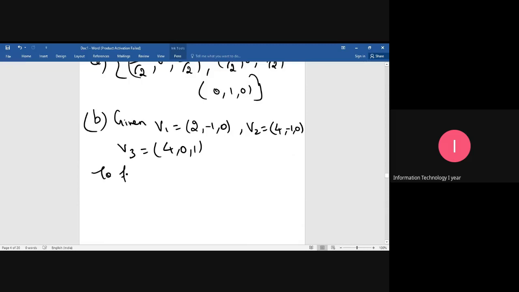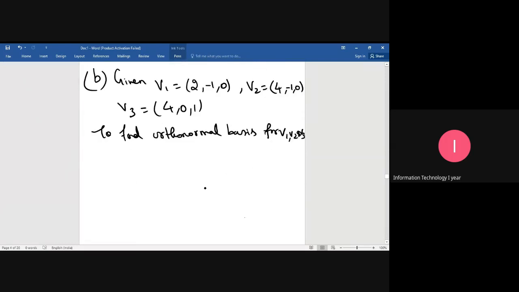To find the orthonormal basis, find W1, W2, W3, each divided by its norm; that value you have to find.